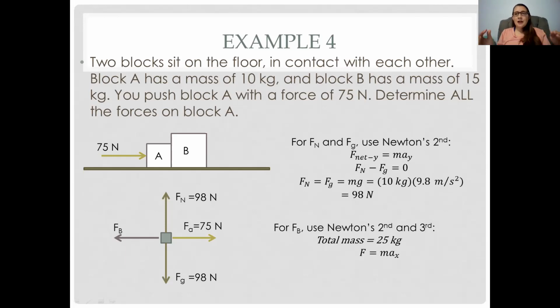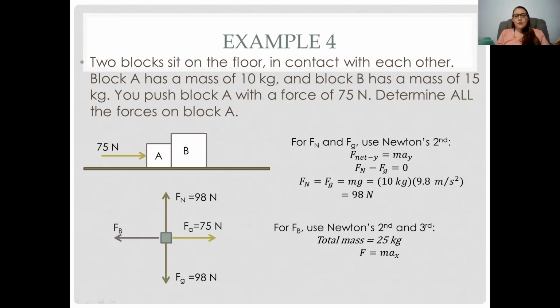So these two blocks are going to end up with the same acceleration, which means we can kind of treat them as one object as we're analyzing its motion. So the total mass of this one big block that we're imagining would be 25 kilograms.